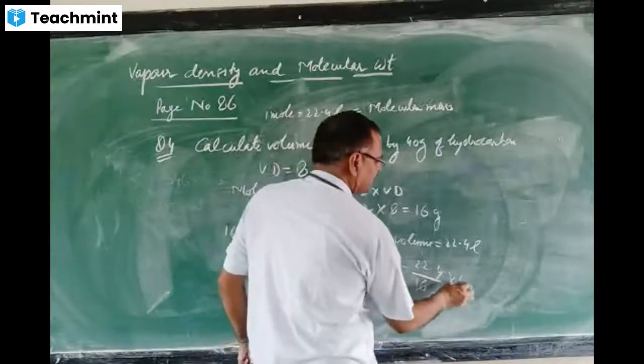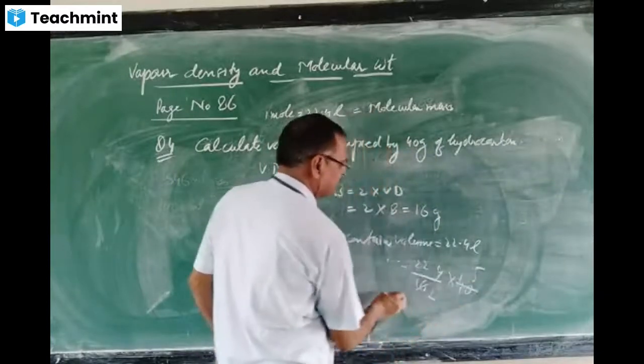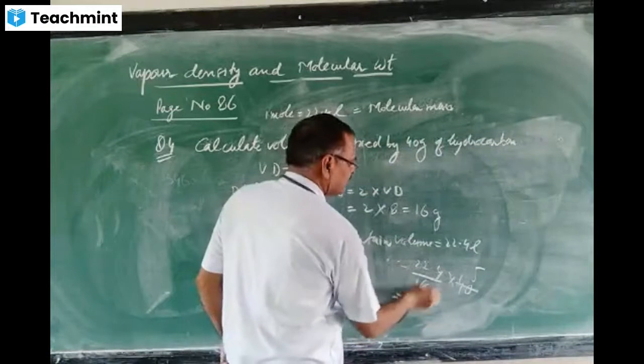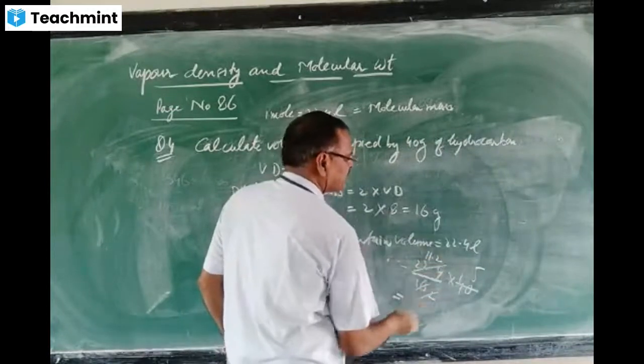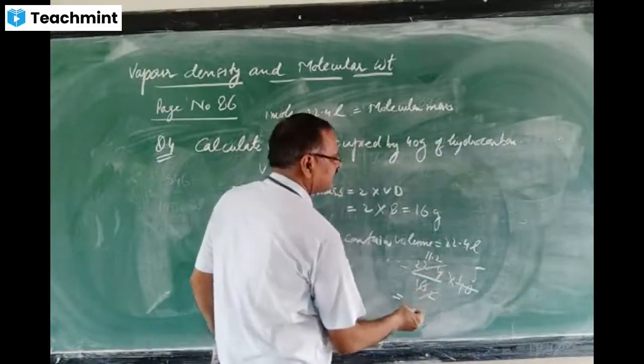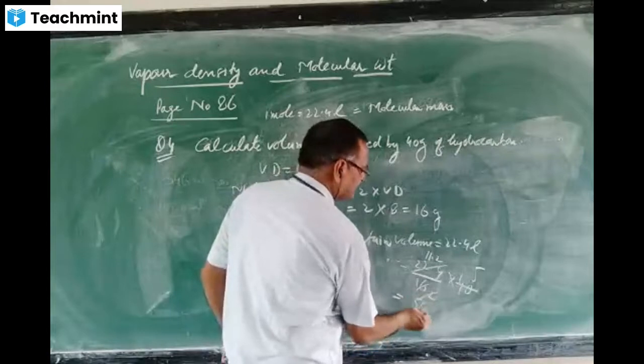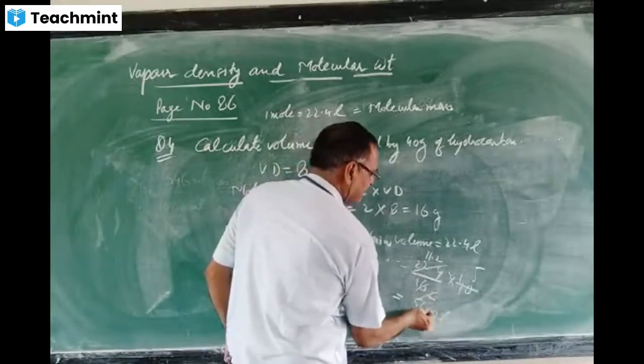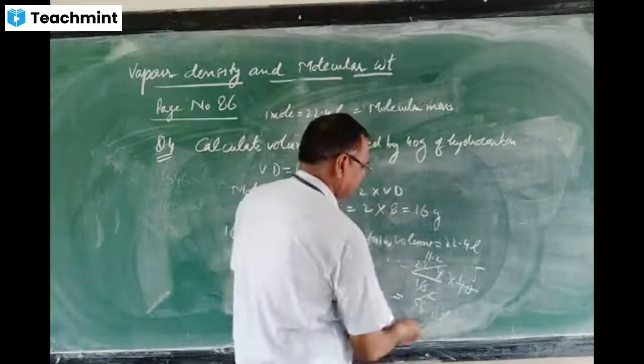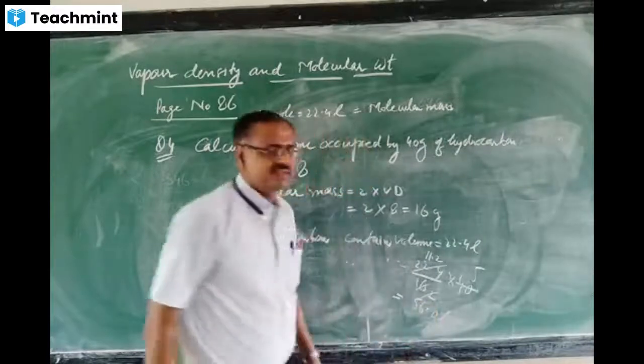8 2s are 16, 5s are... then 2, 11.2, 5 2s are 10, and 56 liters. So you are getting the volume, that is 56 liters.